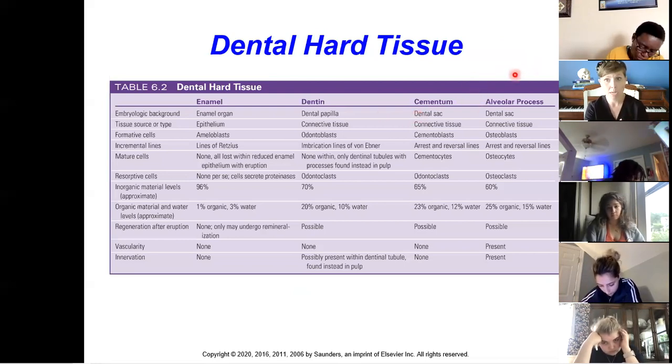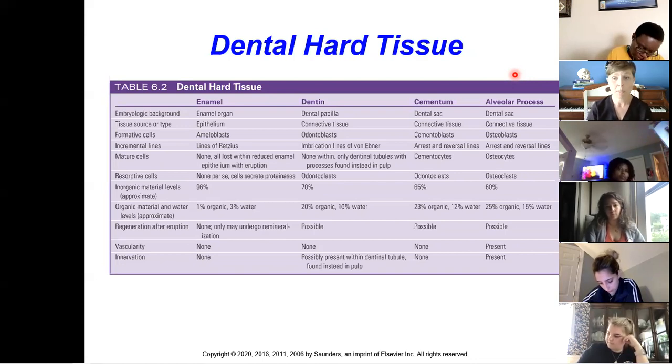The alveolar process, which is over on the far right, has an embryologic background from the dental sac. Sometimes I have to slow down. The tissue source is the connective tissue. It is formed by osteoblasts. Incremental lines are arrest or reversal lines, very similar to the cementum.